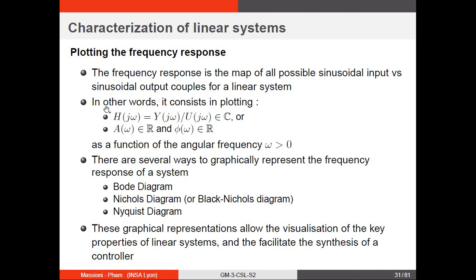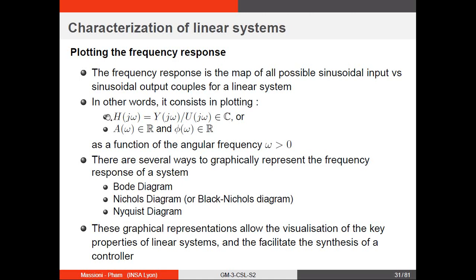Due to the linearity, if you give a certain input, which is the sum of certain harmonics, for each of these harmonics you can compute the output just by computing the modulus and argument of h of j omega, with omega corresponding to the angular frequency of each component of the input. Then the output will be the sum of each harmonic amplified by the modulus of h and shifted by the phase of h, the argument of h.